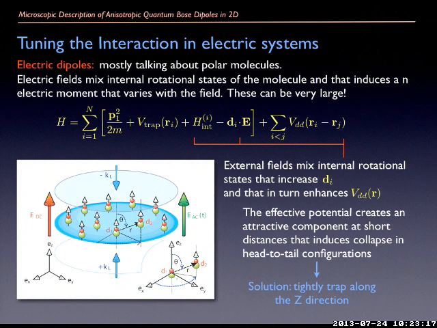For the electric system, things are a little bit different, because with polar molecules the internal degrees of freedom of the molecules come into play, and when you put a polarization field, the field itself makes the different internal states of the molecule couple.